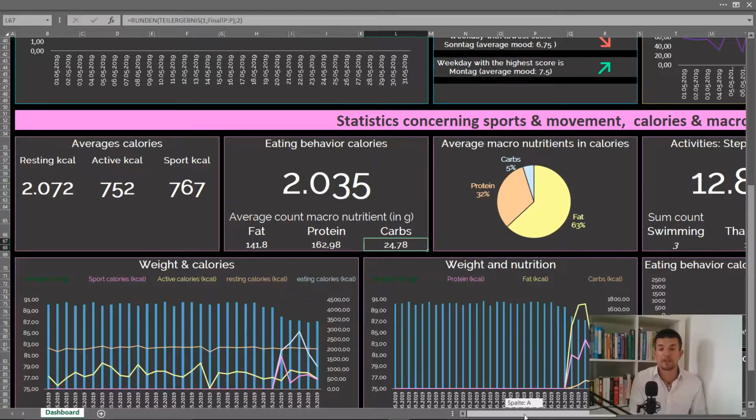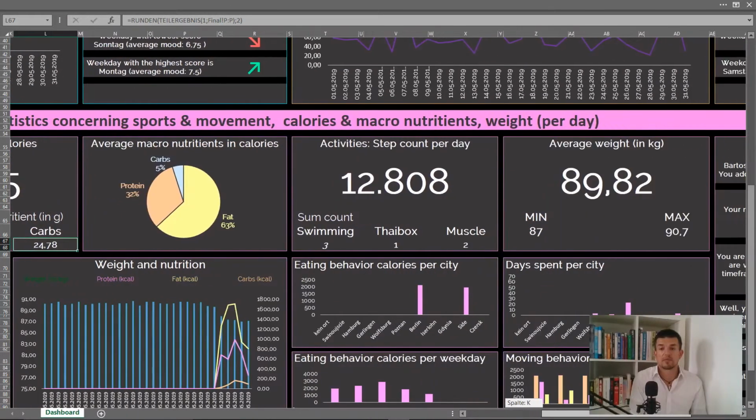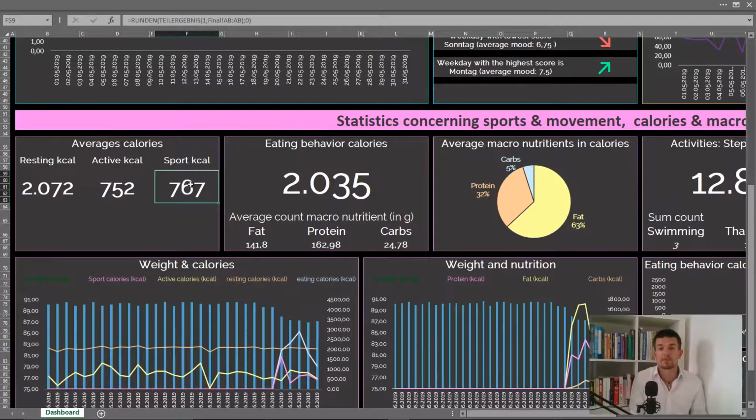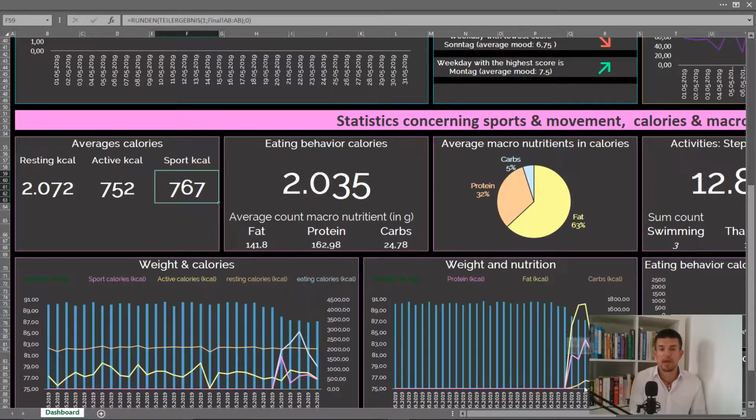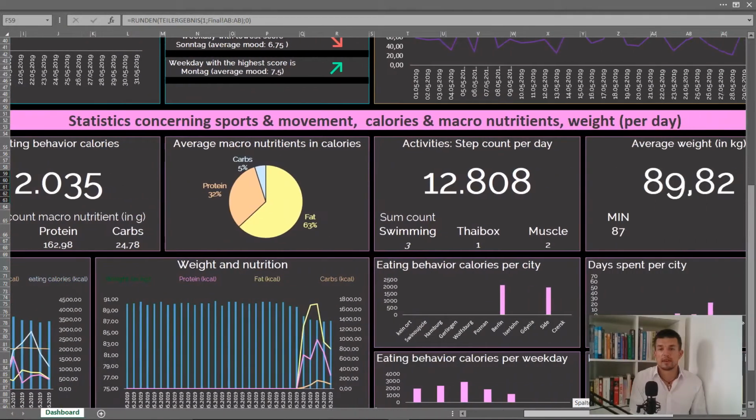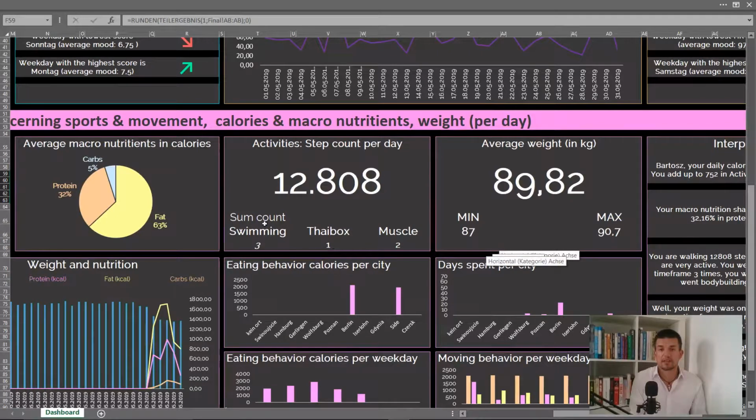So I changed my eating behavior in May, as well as added sports, which we see here. My sports calories are around 700, increased compared to April. This happened because I added Thai boxing and swimming.